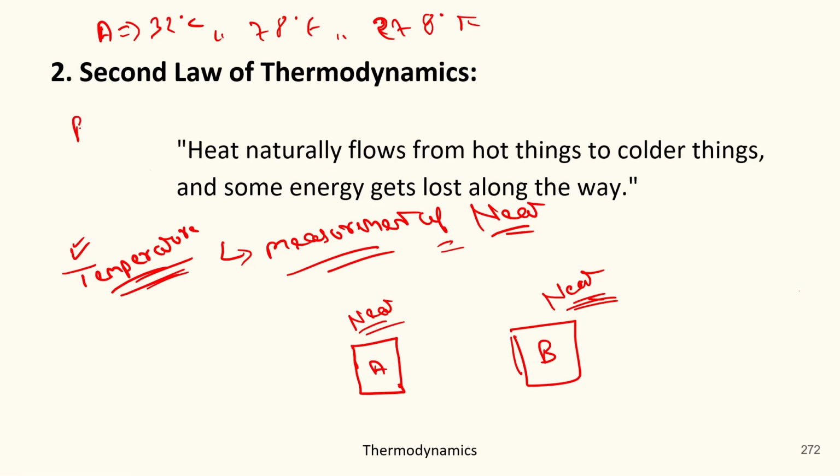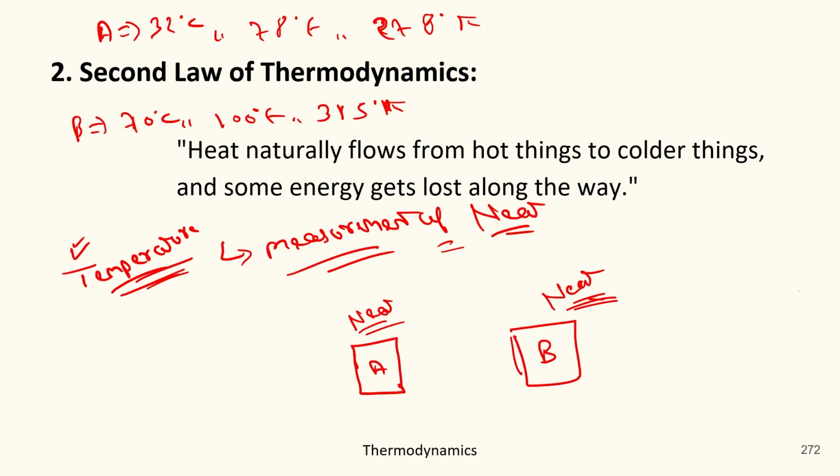And for B, the temperature is 70 degrees Celsius, then 100 degree Fahrenheit, then 315 degree Kelvin. Okay. Just remember, for A and B, these temperature values are just for example. There is no relation between them.